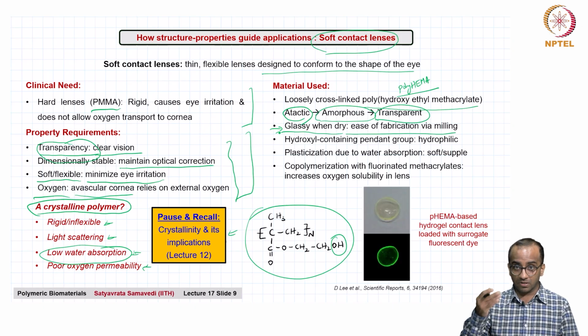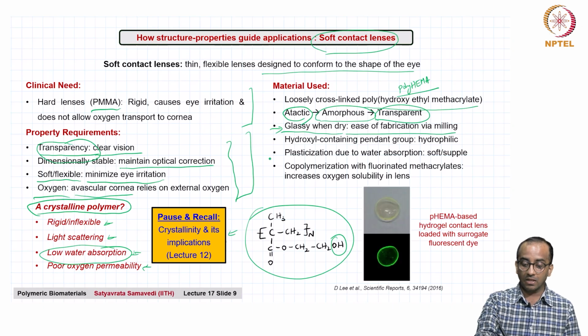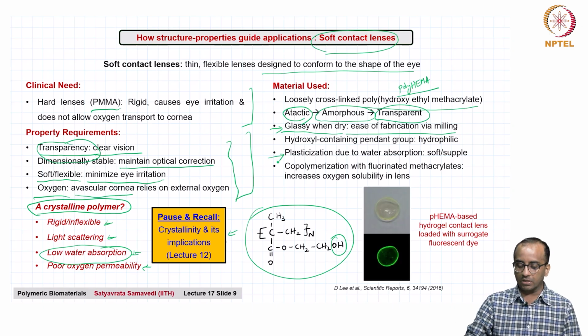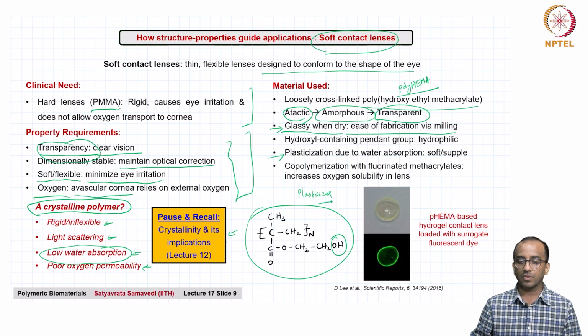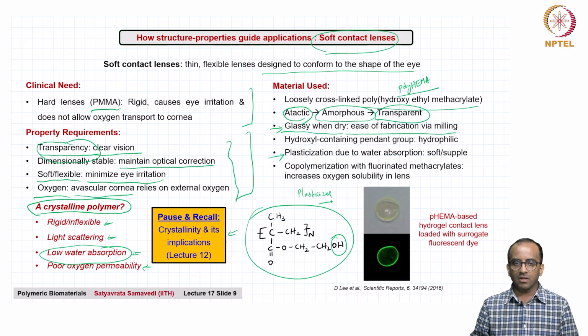But once it is put in the particular site in the eye, water enters, and water is what you would call a plasticizer. In some sense, it's a universal plasticizer, and plasticizer is a word we have encountered in lecture 13 on the amorphous nature of polymers, where we have seen that it's any small molecule that can get in between voids, free up and increase the free volume, disrupt the interchain interactions, and thus lower the Tg.